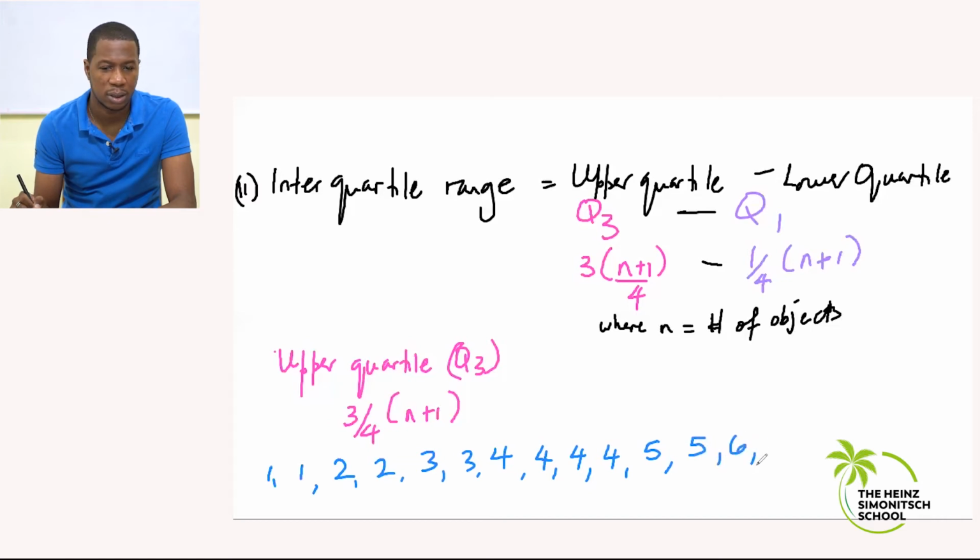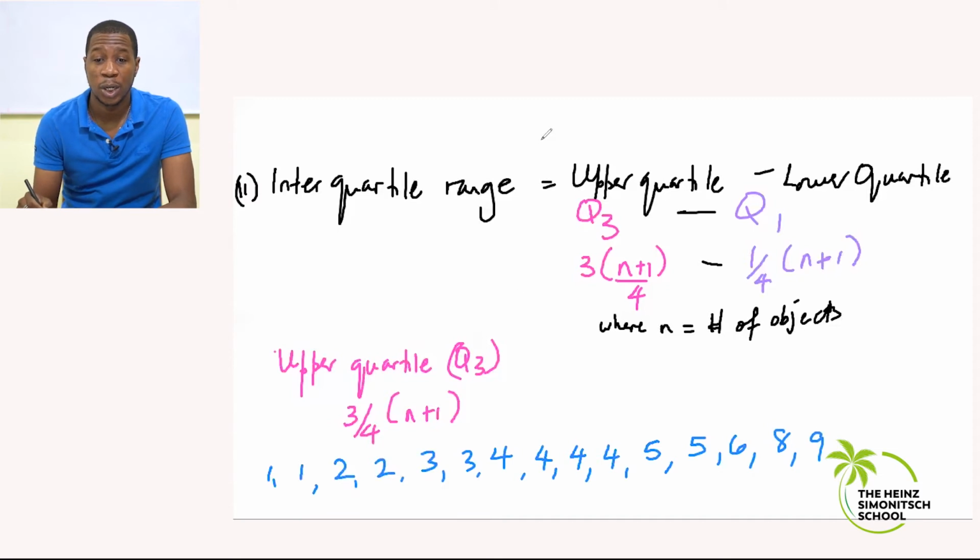We have a 6, an 8, we have a 9. That should be 15. 1, 2, 3, 4, 5, 6, 7, 8, 9, 10, 11, 12, 13, 14, 15.